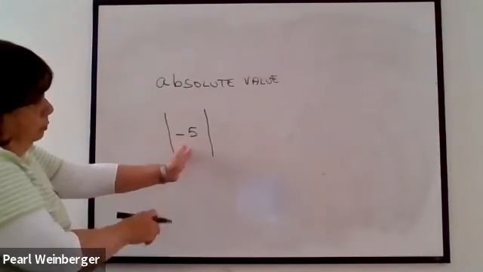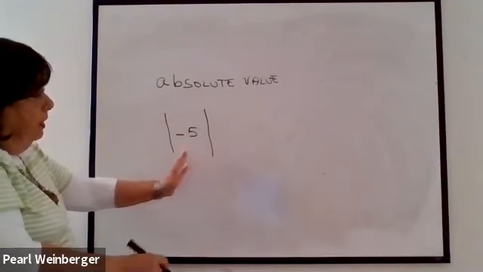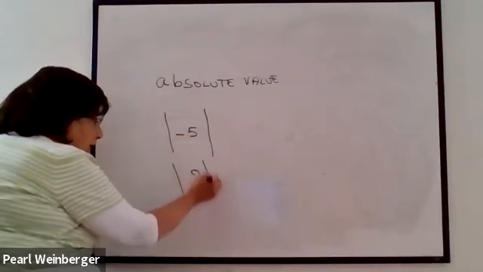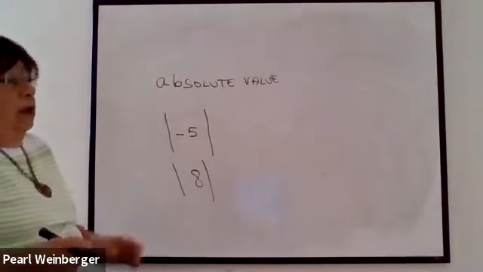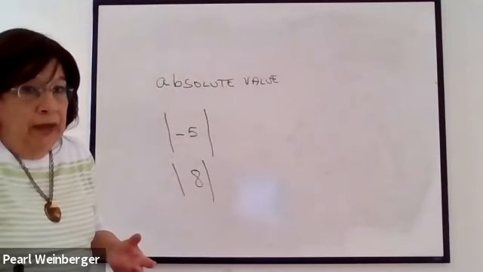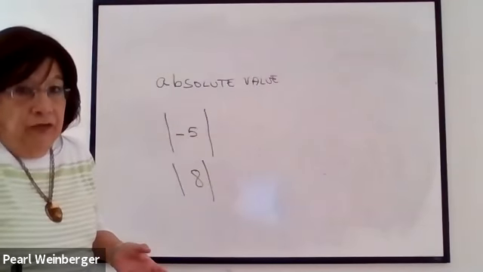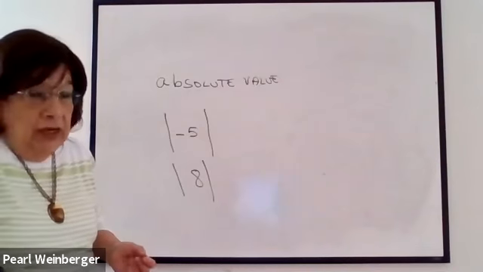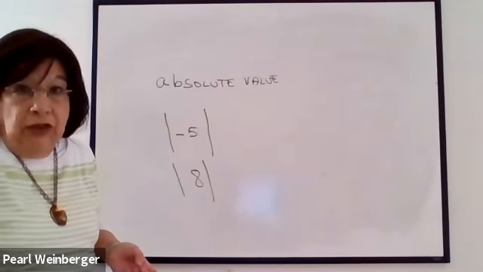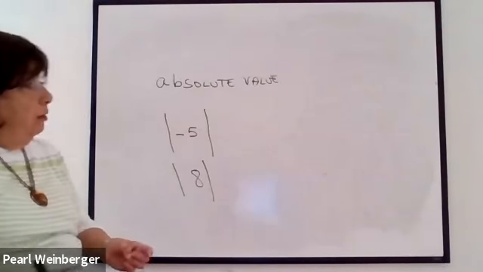This would be read the absolute value of -5. Or you could have the absolute value of something like 8. Let's talk about what we mean by the absolute value. Once we understand what the absolute value stands for, then we can do equations that involve the absolute value.